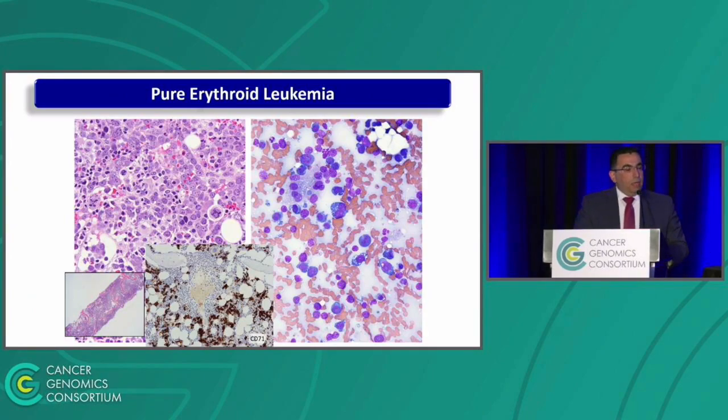Before ending, I think I'd be remiss in not pointing out that in certain types of AML, we know that P53 alterations, oftentimes biallelic and multi-hit, are part of the overall picture, and this is true in pure erythroid leukemia, and this is a nice example of pure erythroid leukemia or acute erythroid leukemia in the new WHO classification.